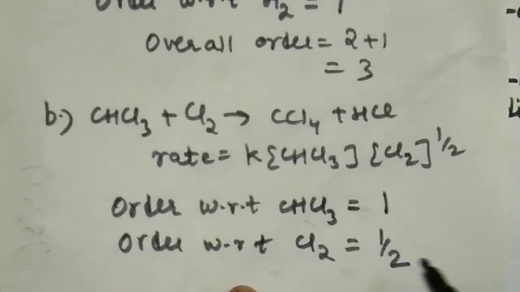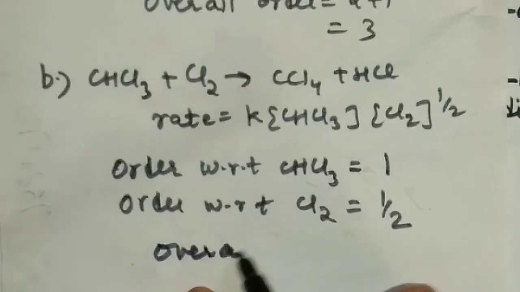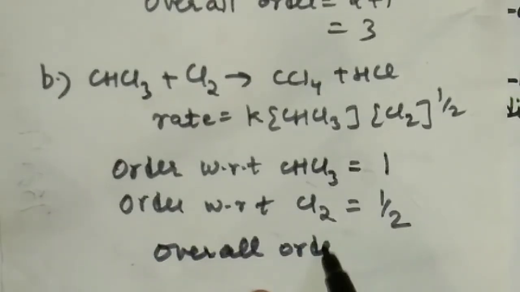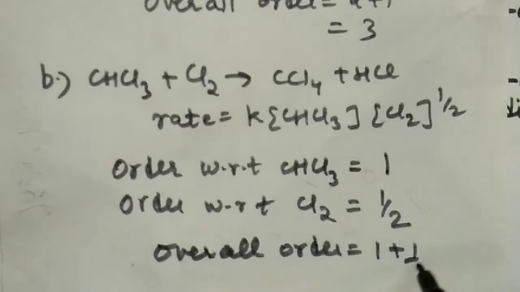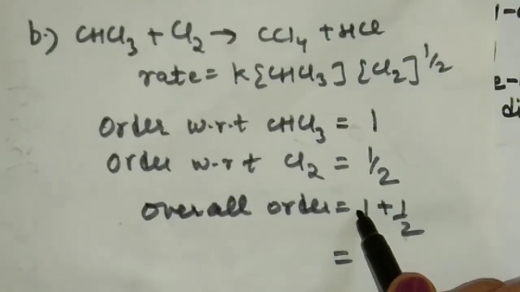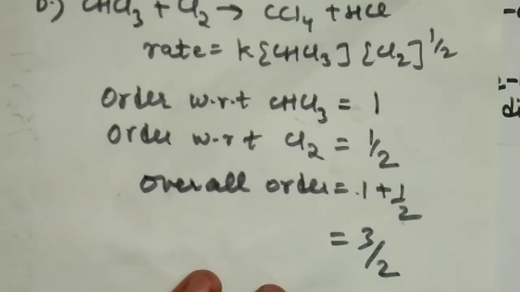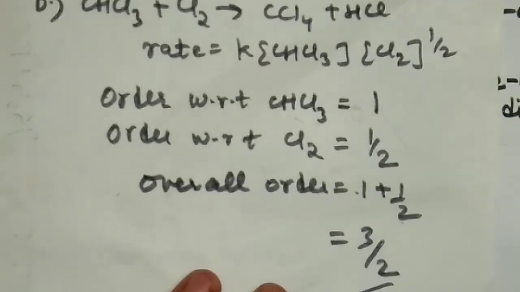Chlorine is half. Okay, एंड फाइनली क्या निकालना रहता है, ओवरऑल ऑर्डर इट इज 1 + ½ दैट इज 2 1s are 2 plus 1 3/2. So the overall order of the reaction is found to be 3/2.